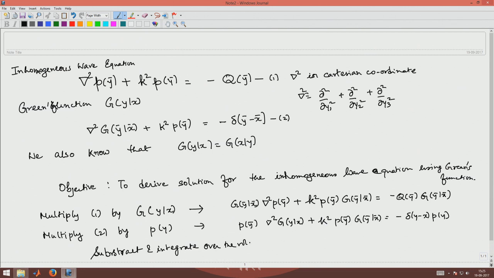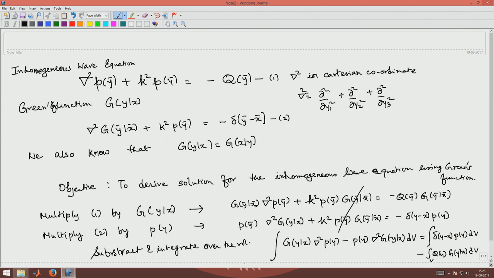When we do that, these two terms are going to get cancelled and we will be left with the following: g y comma x del square p y minus p y del square g y comma x, integrated over the volume, equals delta y minus x p y within the volume plus or minus q y g y comma x dV.